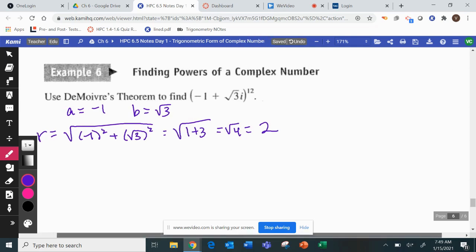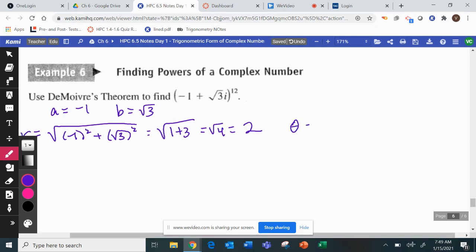And then our theta, our argument, we're going to do tangent inverse, arctan of square root 3 over -1, because we're undoing it. So that would be in which quadrant? -1, square root 3, it's somewhere up in this quadrant.